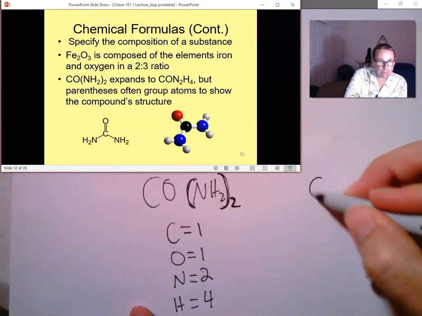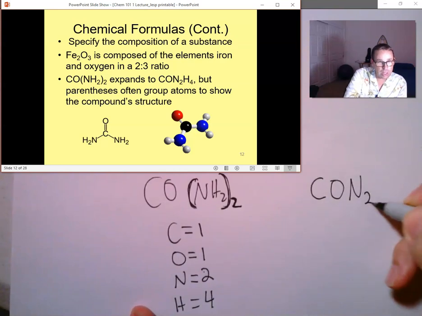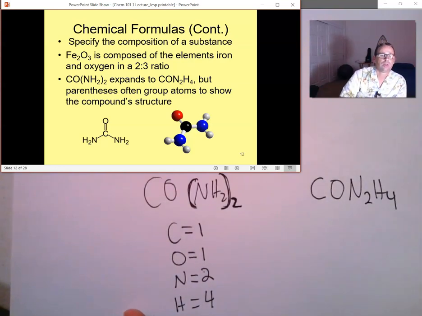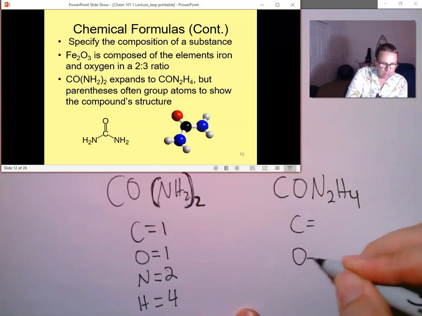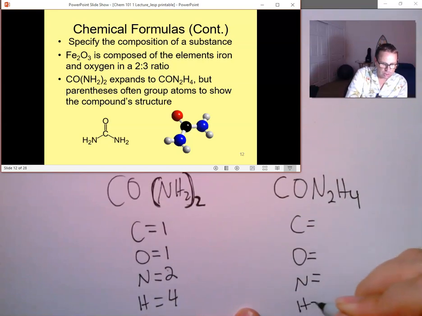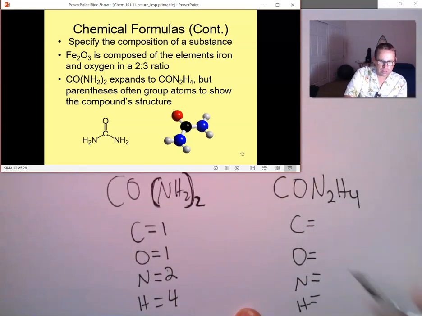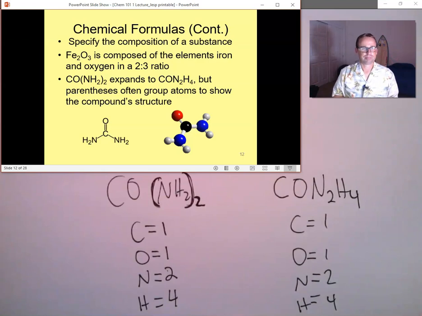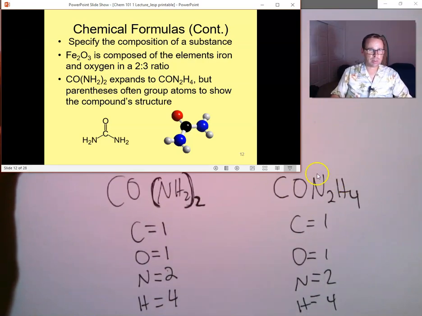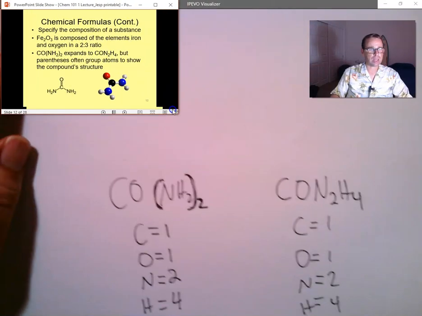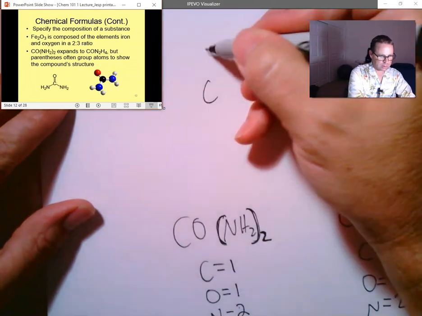Now, if I write the compound differently, CON2H4, I can see that the number of carbons, oxygens, nitrogens, and hydrogens are the same, aren't they? Can you see that? The reason somebody decided to write it like CO(NH2)2 is because the molecule itself looks like this.